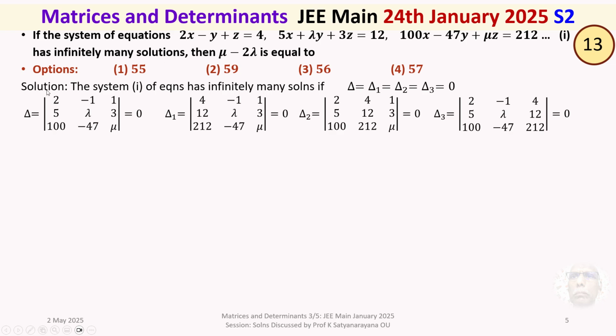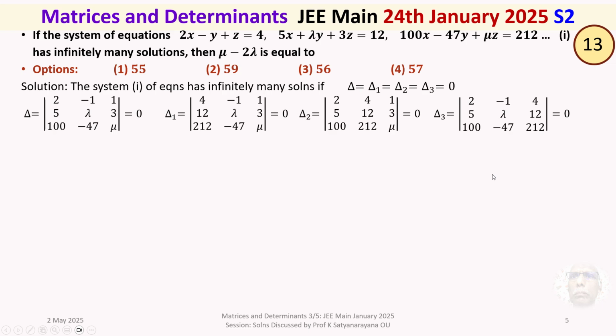So what's that? Determinant of 2, minus 1, 1 in the first row, 5, 1, 3 in the second row, 5, lambda, 3, and 100, minus 47, mu in the third row. And delta 1 is the same as the determinant delta with the first column 2, 5, 100 replaced by the values 4, 12, 212. Likewise, delta 2, delta 3.